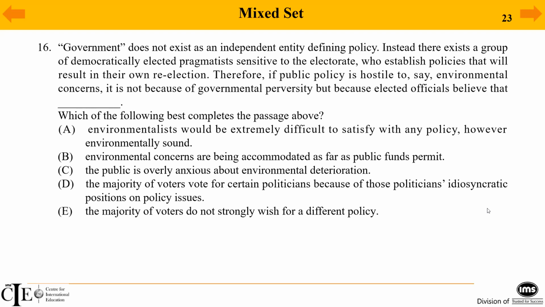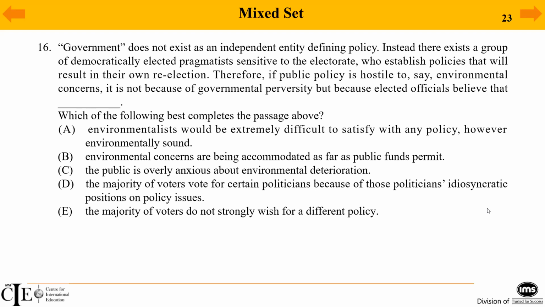Idiosyncratic means peculiar positions. Peculiar means different from normal, abnormal things. Now, do they vote for them just because they are doing idiosyncratic things? Then you are accepting the perversity of the government, is it not? Because they are idiosyncratic. So D cannot be correct.